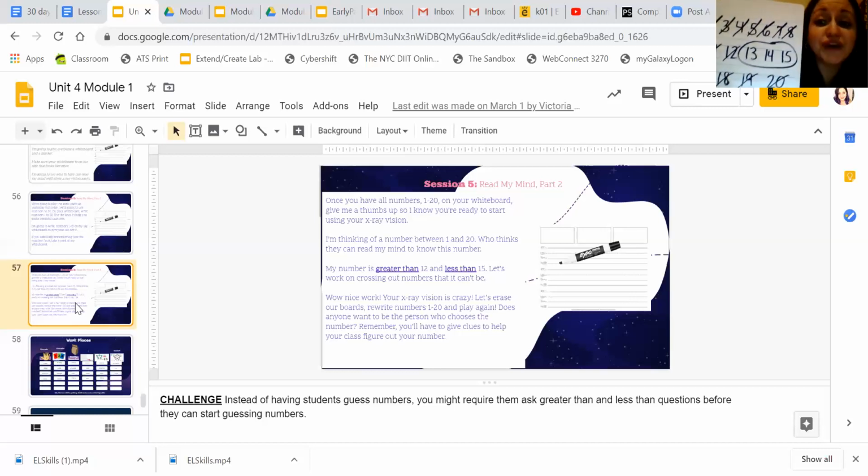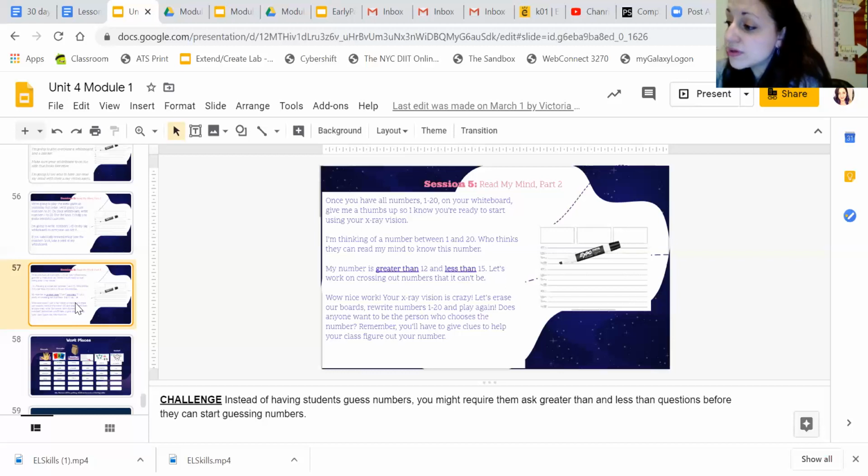So that leaves 3 numbers that we have to think of. So it's greater than 12 and less than 15. But wait a second. Is 15 greater than 15? Or is 15 less than 15? No. So what does Miss Ewan have to do? I have to cross that one out too. So we only have two numbers that I'm thinking of.